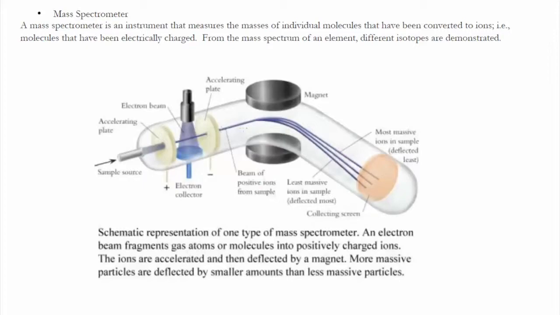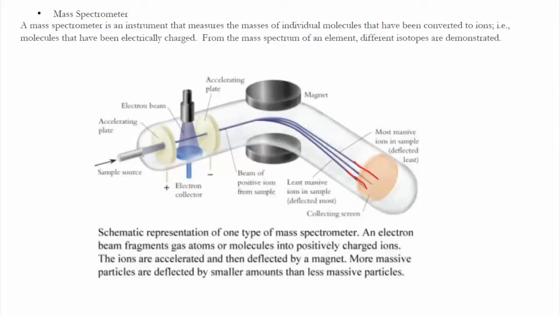So think about it like a car going around a corner, right? There's going to be so much momentum for a heavier car that it's not going to be deflected as much as a lighter car, which is easier for it to kind of hug the curve, if that makes sense. In this direction, it's easier for it to be deflected.